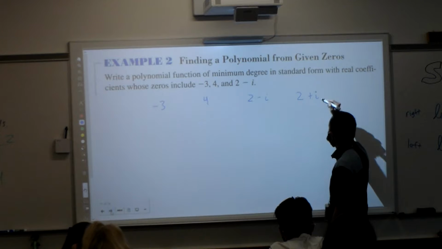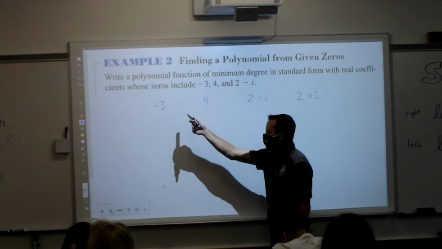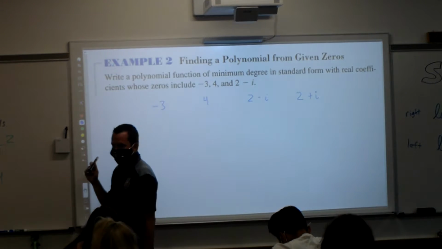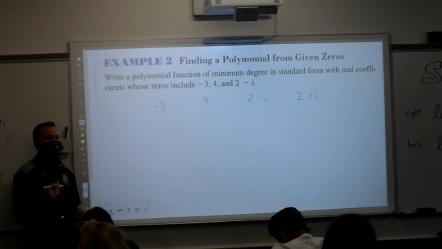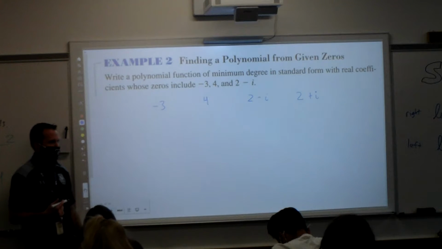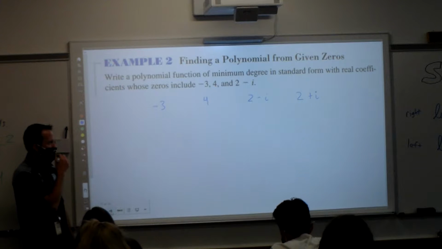Good job, all right? Now, what about negative 3 or 4? Do I need to add in anything for those? No, because they're real roots, and real roots don't come in pairs, just the imaginary roots.